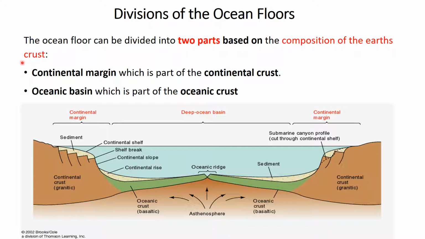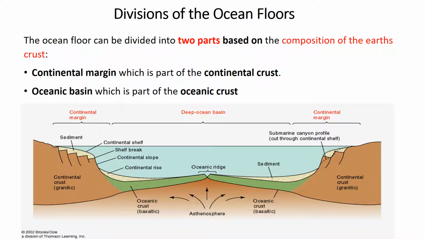The Earth's crust is that portion which floats on top of the mantle. If you remember the interior of the Earth, we have first the core, and then the asthenosphere or the mantle, that liquid portion which has magma in it, and on top of it we have the crust, which floats on that liquid magma.